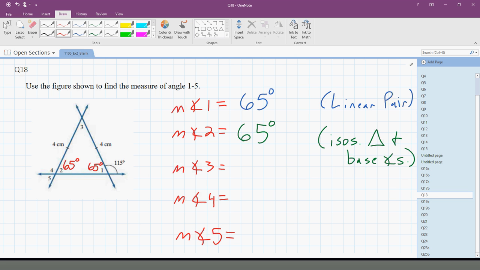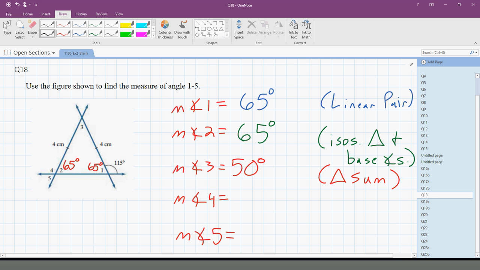This is what we just did on question 17. Add up all the angles and subtract from 180. It's your triangle sum. 50 degrees? Cool? Yep. Okay.